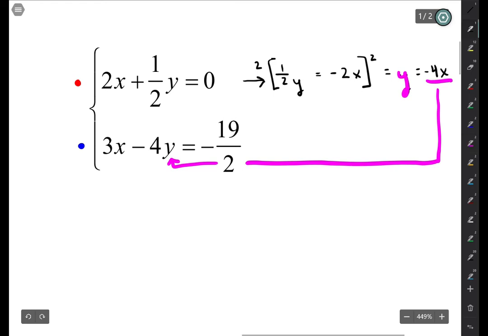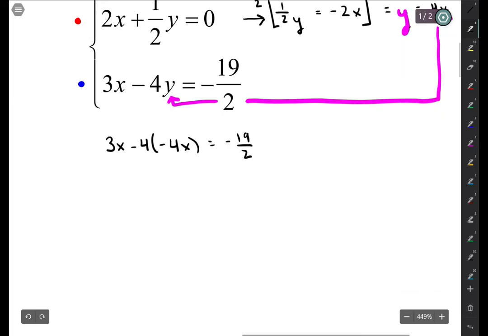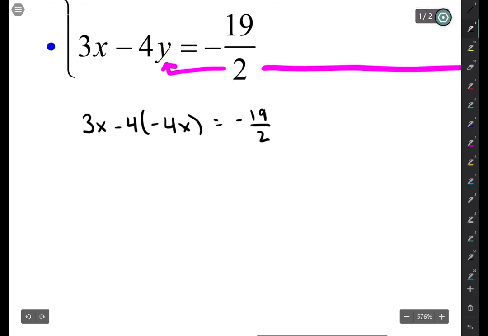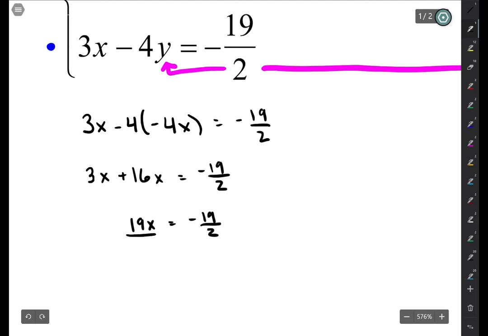Okay, and that would just be 3x - 4 times -4x = -19/2. Okay, don't be afraid of fractions. You guys are older students. You've been doing math for a while now. Fractions shouldn't scare you too much. So I have 3x + 16x = -19/2, which makes it 19x = -19/2. And I'm going to divide by 19 and divide by 19.